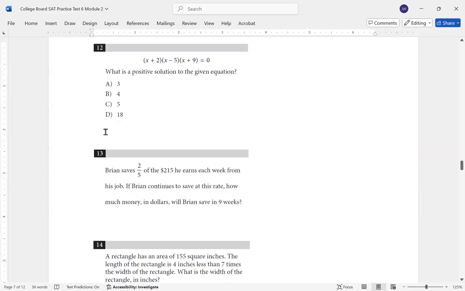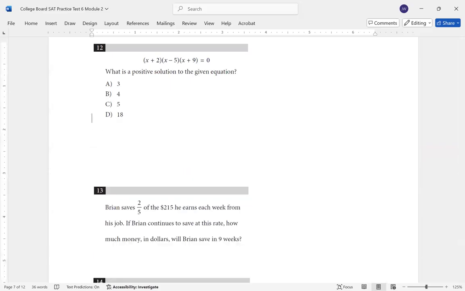Question 12 says, quantity x plus 2, times quantity x minus 5, times quantity x plus 9, is equal to 0. What is a positive solution to the given equation?